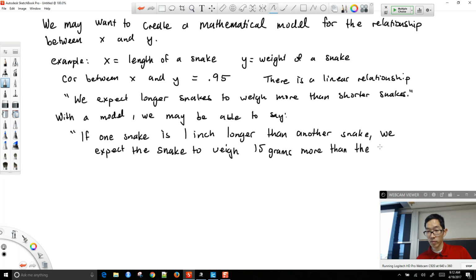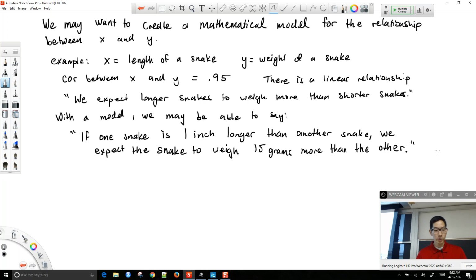Rather than just saying longer snakes tend to weigh more than shorter snakes, we're actually quantifying what we mean by that. We're saying if one snake is 1 inch longer than another snake, we expect that snake to weigh 15 grams more than the other snake. Something like that.